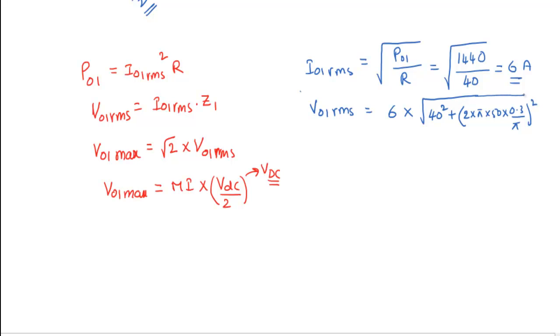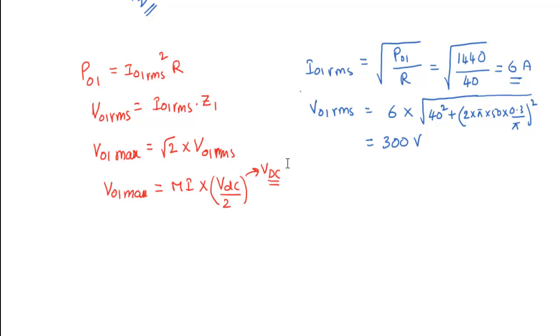Everything is under the root. Pi gets cancelled. Then 15 into 0.3 is 15 times 2, 30. So 40 squared plus 30 squared gives you 50. So 6 into 50, the RMS value of the fundamental voltage is 300 volts.